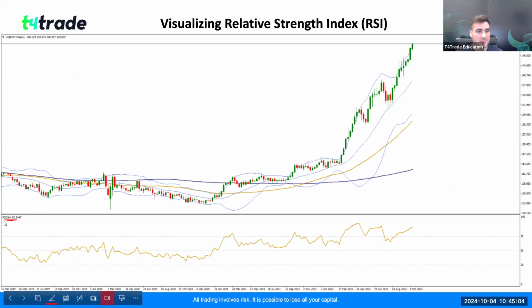So RSI is below our lovely chart here, an oscillator. Remember, in this kind of chart, we also have Bollinger Bands. We also have moving averages, and we're gonna put all of these together to see how they behave together.